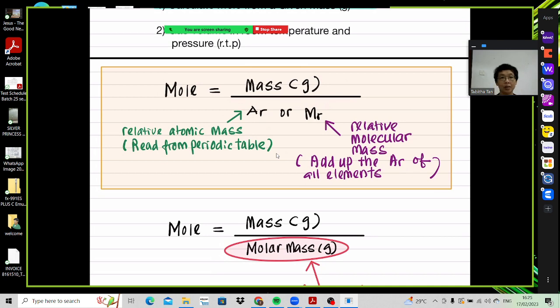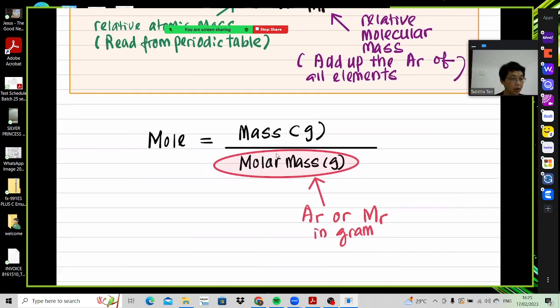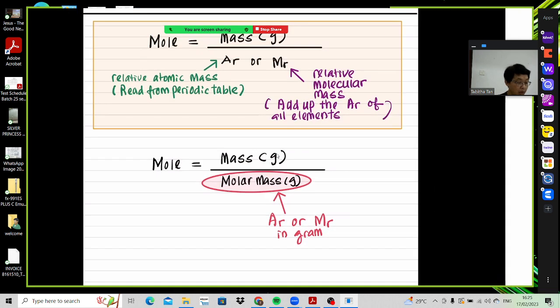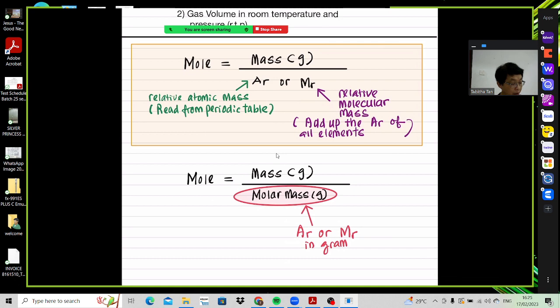Got it? We have gone through that, and I just put this down here in case some of you hear the term molar mass. Yes, it actually has the same meaning, which is the mass of an element, molecule or compound. 1 mole of that compound or element carries this many grams.